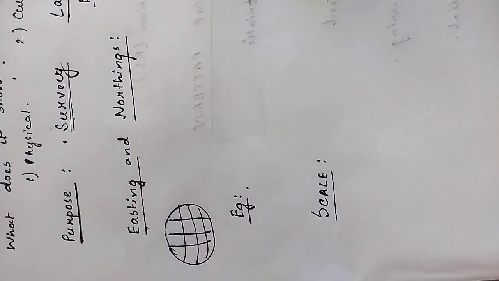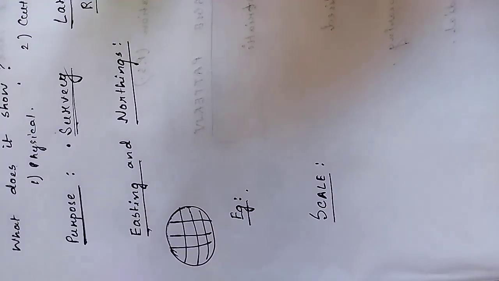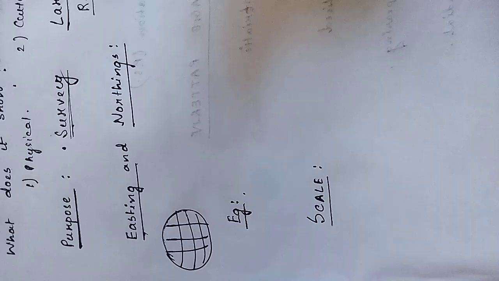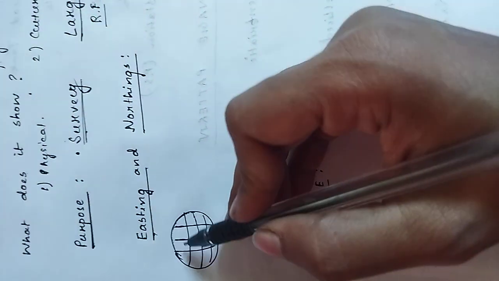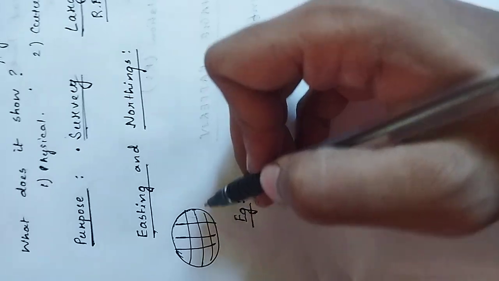Like when we use Google Maps, the driver gets the direction of the destination by the value of latitude and longitude.